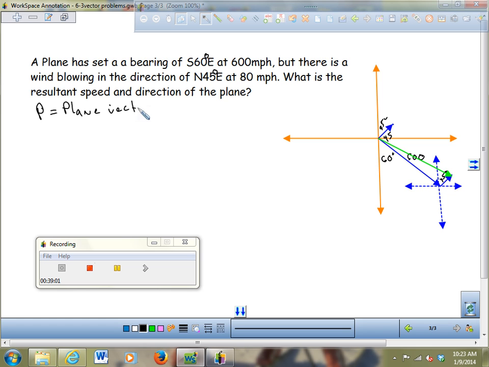And we'll let W equal the wind vector. And then I want the result, what would we call it, actual or something like that? The actual vector, or the resultant vector, is just going to be P plus W. Would you agree with me there? Okay?